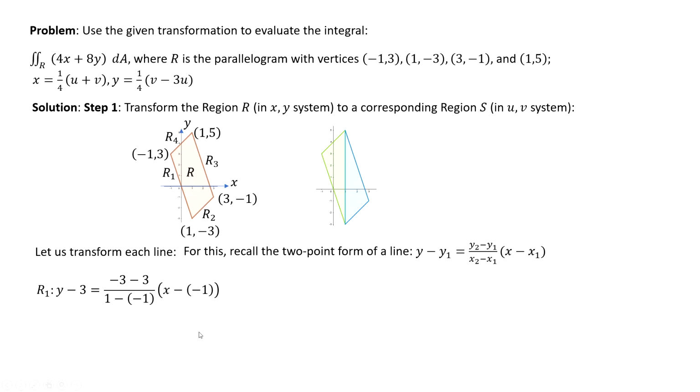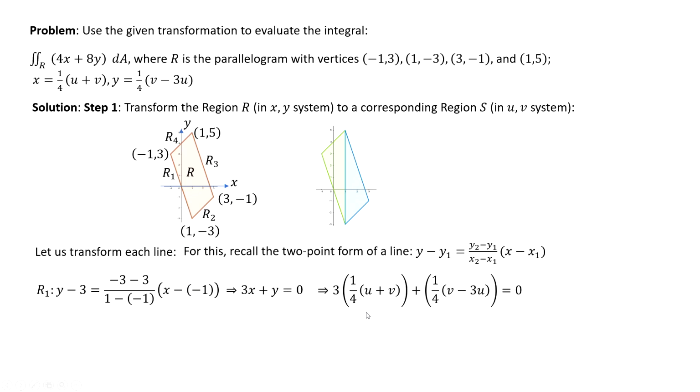Okay. If you simplify this, it ends up being 3x plus y equals 0. So R1 has an equation that is nothing but 3x plus y equals 0. Now let's plug in these transformations. x is replaced by 1/4 u plus v, and y is replaced by 1/4 v minus 3u, equals 0.